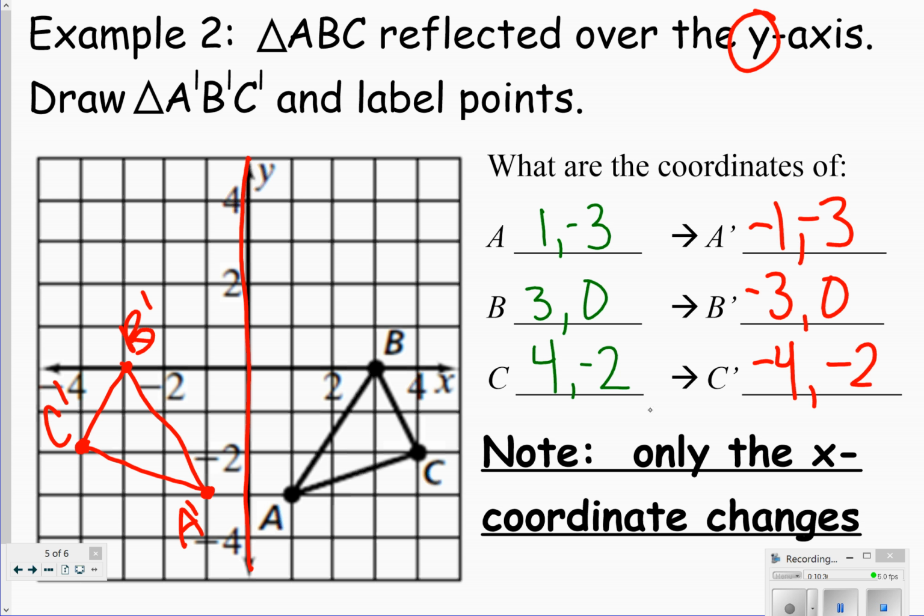So again, the digits are exactly the same, but this time the x coordinates change. So it's basically the coordinate that is opposite the axis that you're flipping that's going to change. Okay? It's kind of interesting, I think, kind of fun to learn these things.